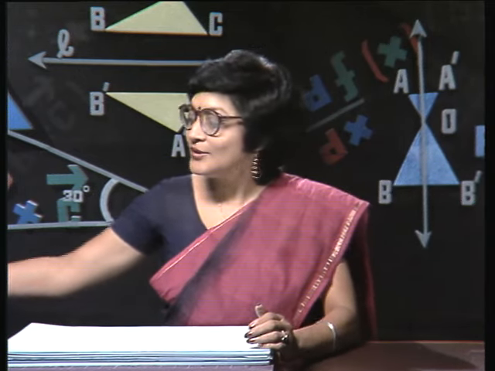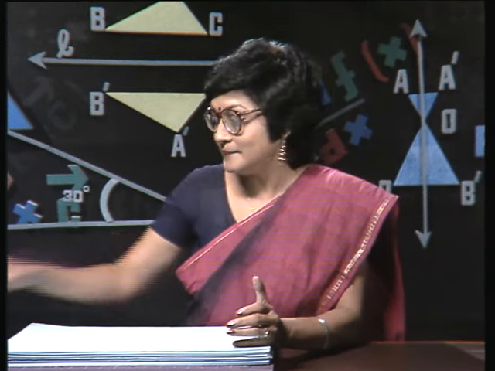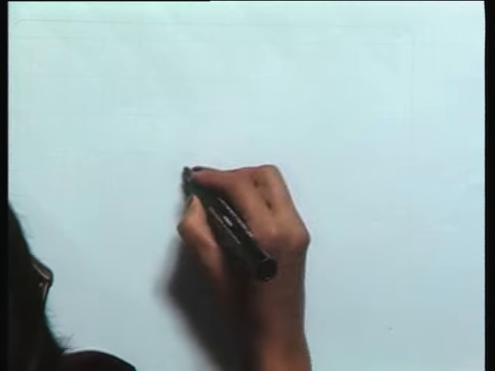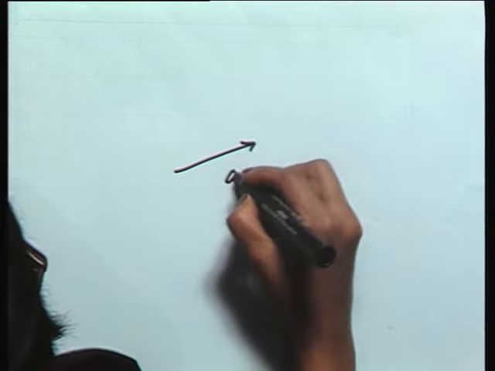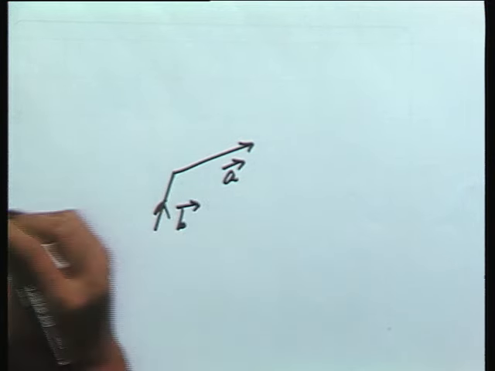And now we come to the second question. Is there any way of combining two vectors? What is the need to combine two vectors? I'd like you to imagine a game of football. Suppose a ball is moving with velocity A and a player kicks it in such a way as to give a stationary ball a velocity B. In which direction and with what speed will the ball begin to move?